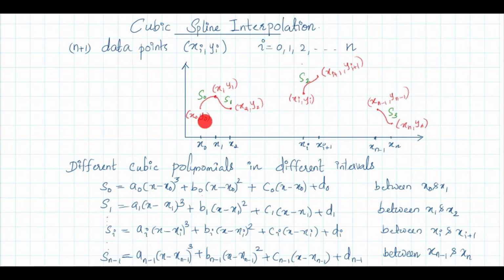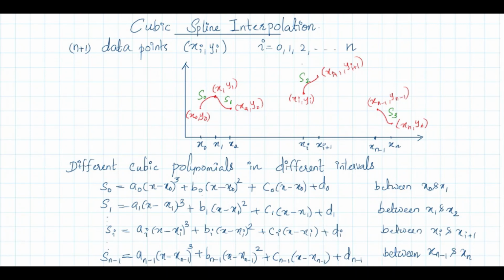So we will define S0 between x0, y0 and x1, y1 as equal to this. Similarly, between x1 and x2, we will define a cubic polynomial S1, and that is a1 into x minus x1 whole cube plus b1 into x minus x1 whole square plus c1 into x minus x1 plus d1.